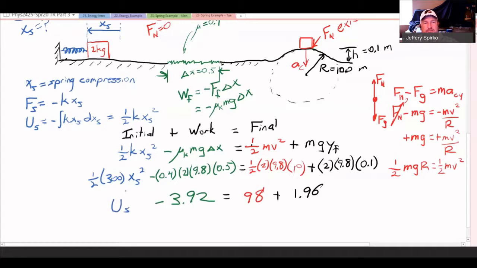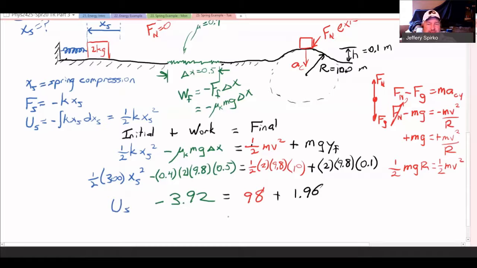So we start out with a lot of energy. We lose 3.92 joules due to the friction along this skid pad. And then of the remaining energy, some of it is used to raise the block up a tiny little bit, but the rest is kinetic energy.